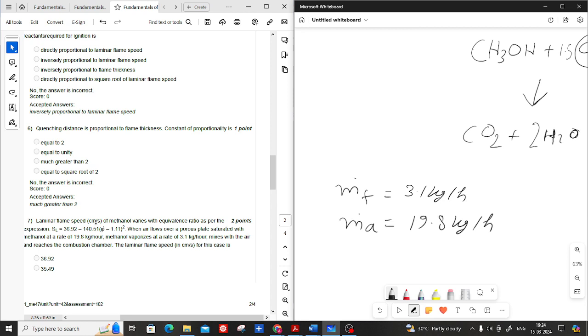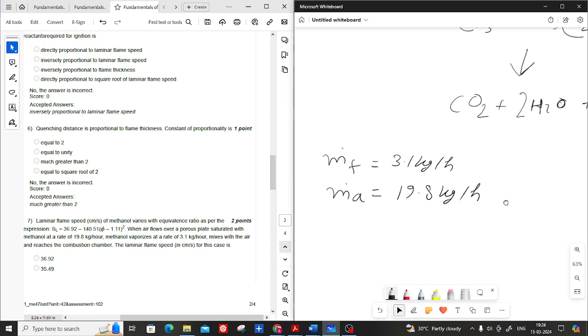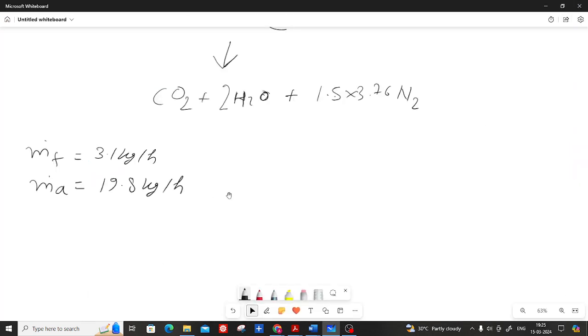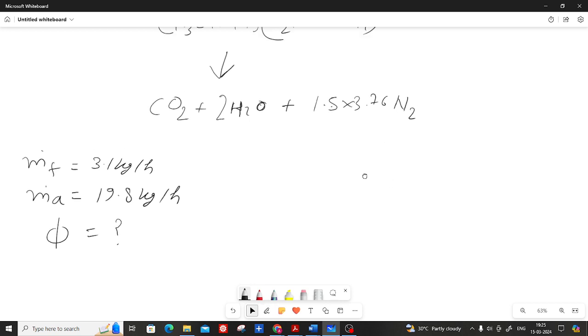Okay. So now you need to find the equivalence ratio. Can't you find the equivalence ratio? I don't think it is difficult. You need to find just the equivalence ratio and then you will get the answer. You guys are trying to solve, right?